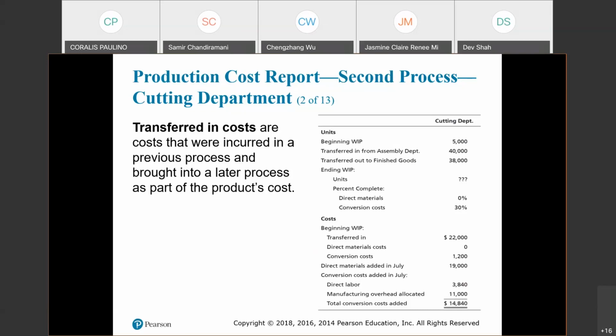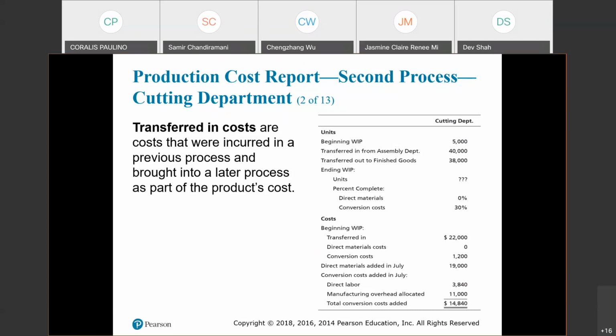And likewise, conversion cost in the cutting department refers to the direct labors and manufacturing overheads incurred only in cutting department. The conversion costs incurred in the assembly department are not transferred in costs for the cutting department.